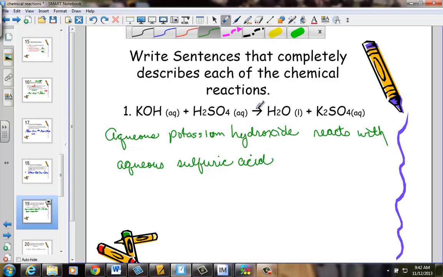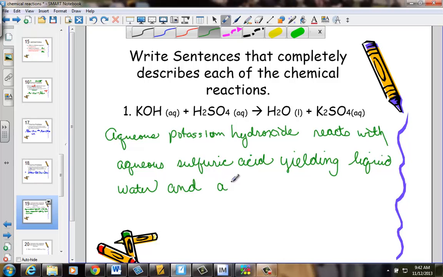What about the arrow? We have so many choices. You want to say forms, makes, produces, yields? I'll put yields. Yielding, I guess, might have better grammar. L, H2O. How about liquid water? Sounds redundant. It's not ice or steam. The plus sign now can be and on the product side because we already have our verb.